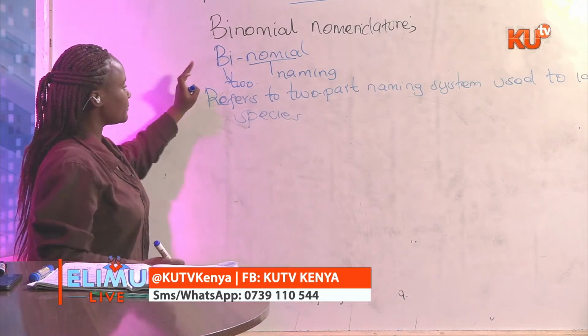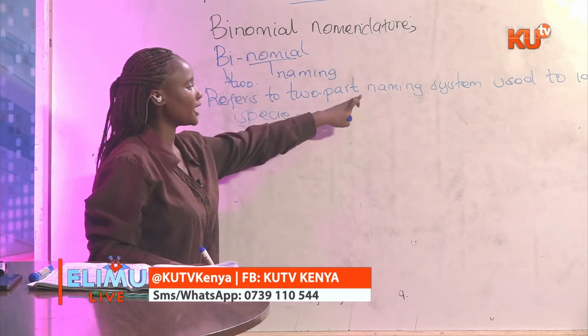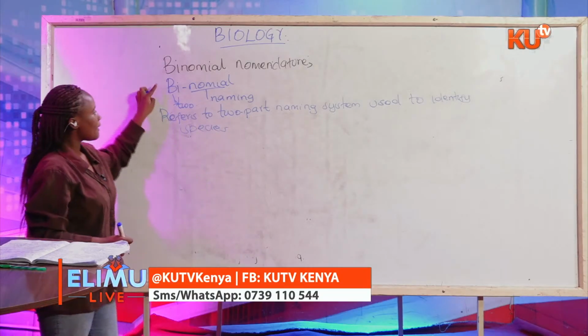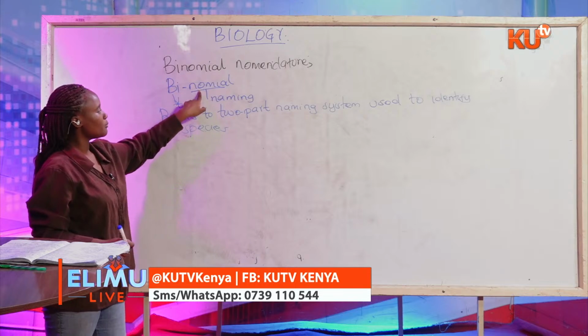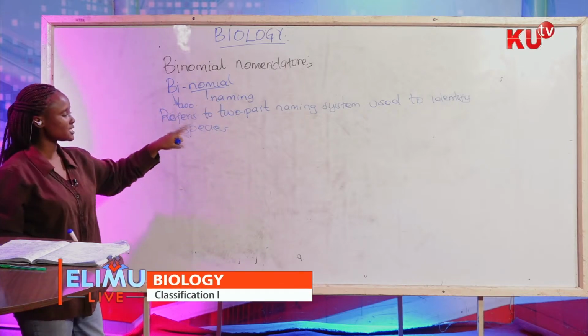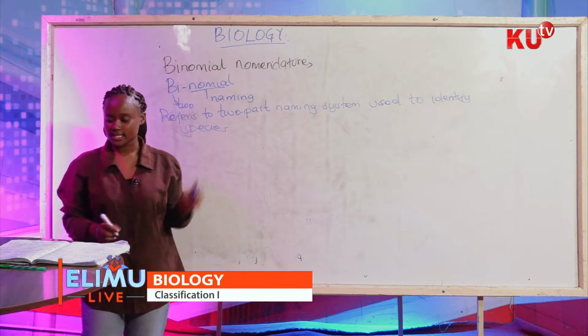So binomial refers to two-part naming system used to identify species. Bi means two, nomial means naming. So two-part naming system used to identify species.